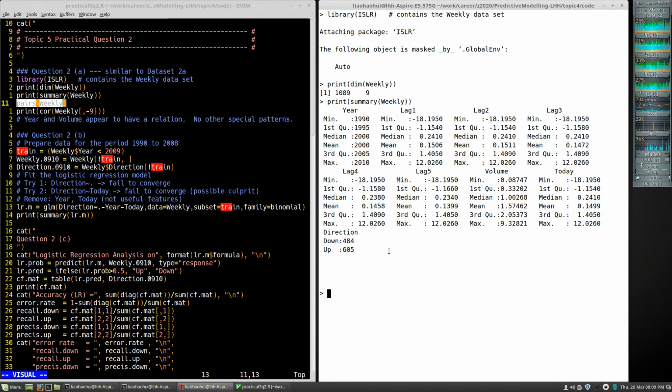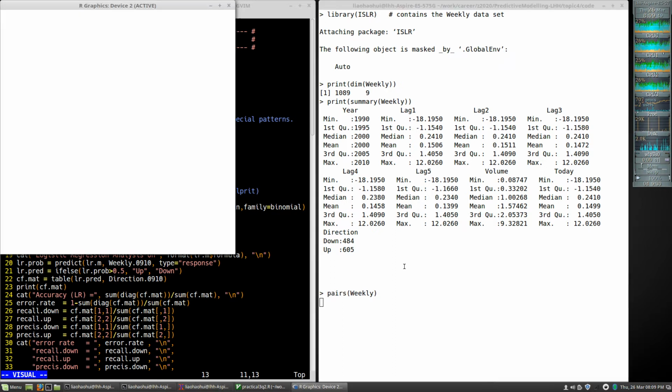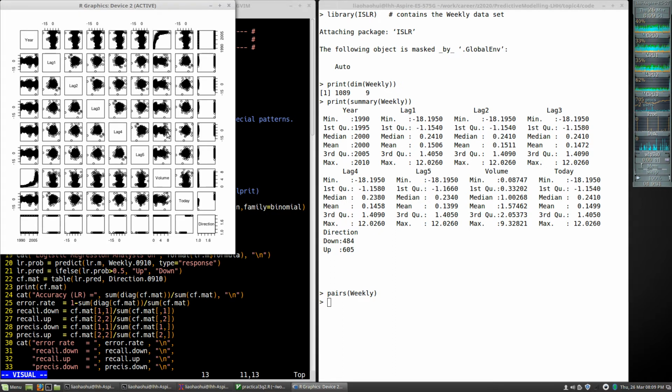The pairs plot generates the scatter plots for all these columns, so let us have a look at the correlation. Any interesting things? All of these seem to be not related at all, except for this one, which seems a little bit related.